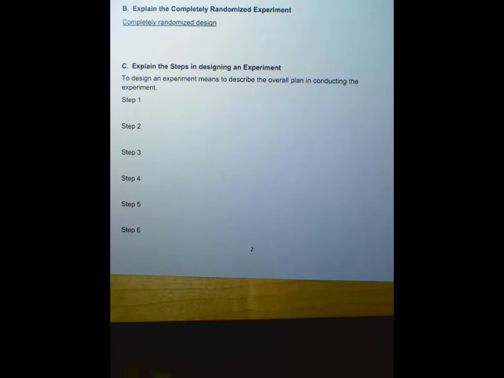Explain the completely randomized experiment. Well, let's find out what we mean by completely randomized design.